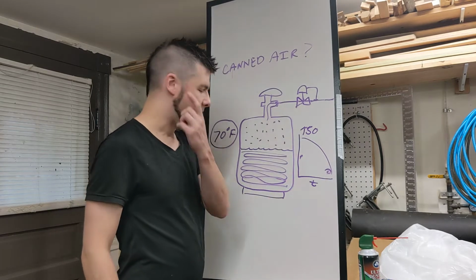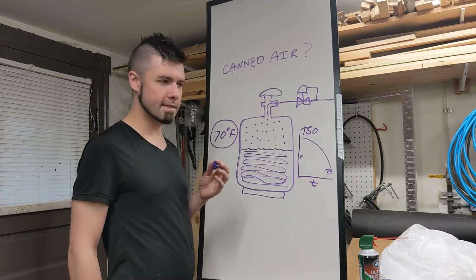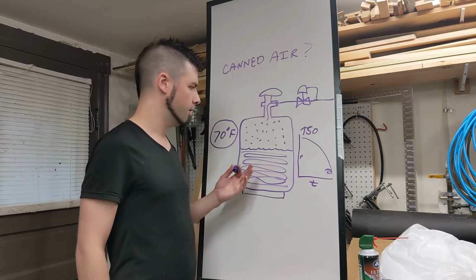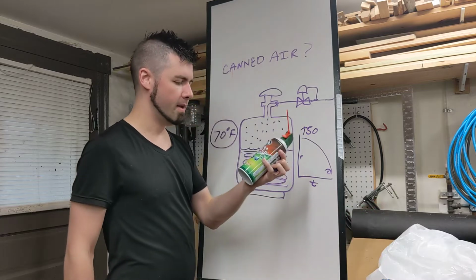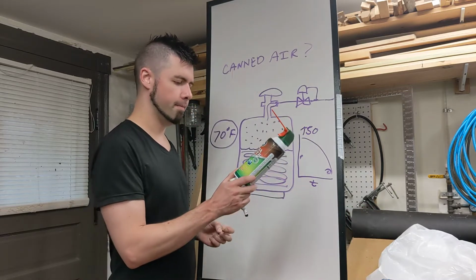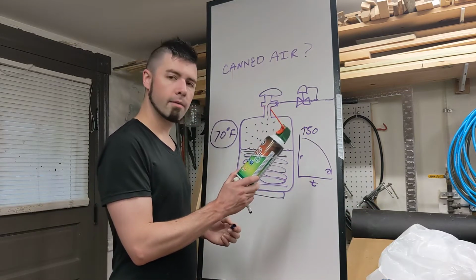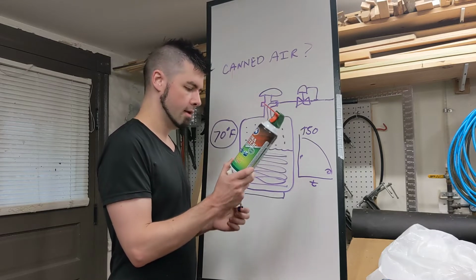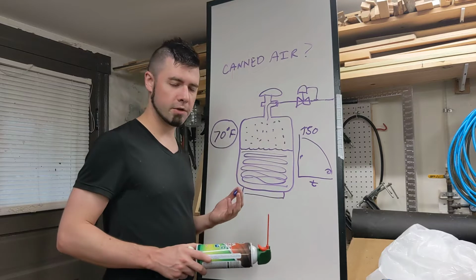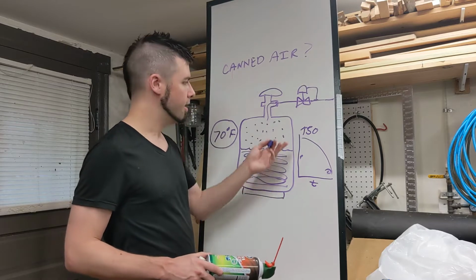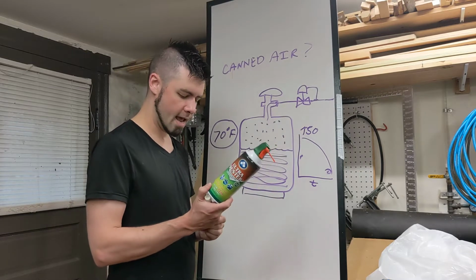And gas has a very, very low density compared to liquid. So if we stuffed 150 psi of air pressure on this can, that's about 10 atmospheres. So the atmospheric pressure is about 15 psi. We put 150 in and we got 10 atmospheres.